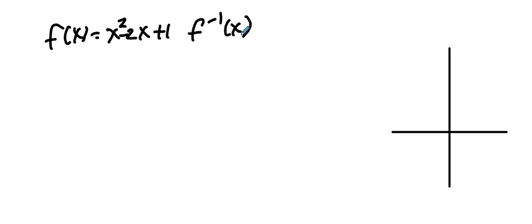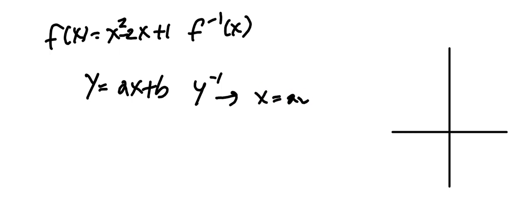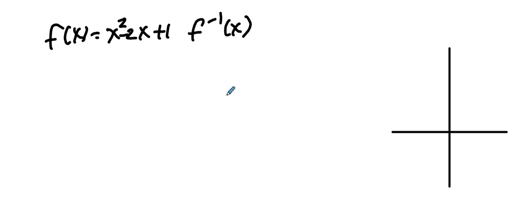What we're going to do is, let's say if we have y is equal to ax plus b, that means the inverse is going to be x equals ay plus b. So essentially, we're going to just interchange x and y, and then resolve it back.